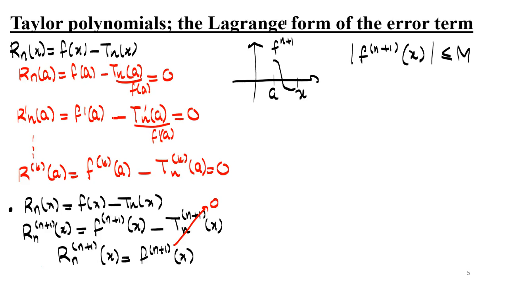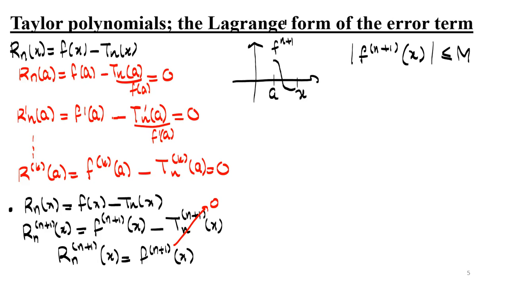And since I'm interested in determining the error term obtained by approximating a function by a Taylor polynomial, I'm just interested in the distance between the curves of the function and the Taylor polynomial.